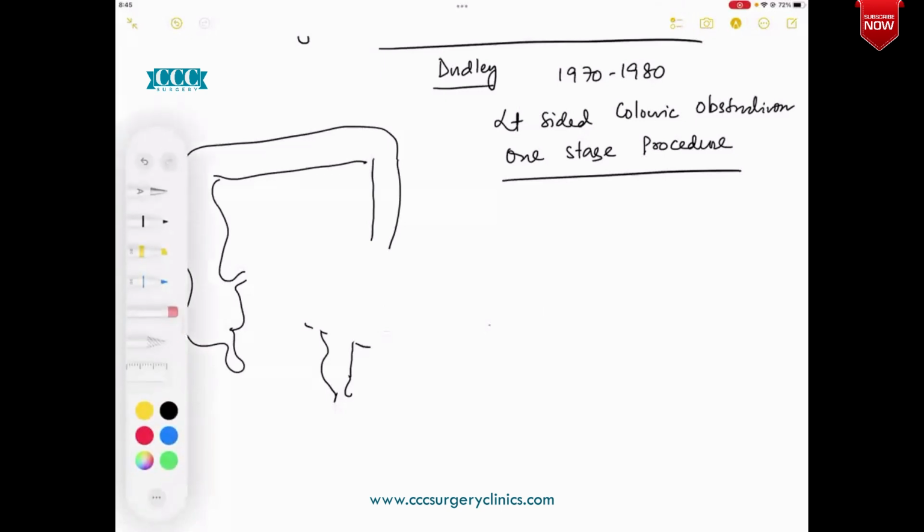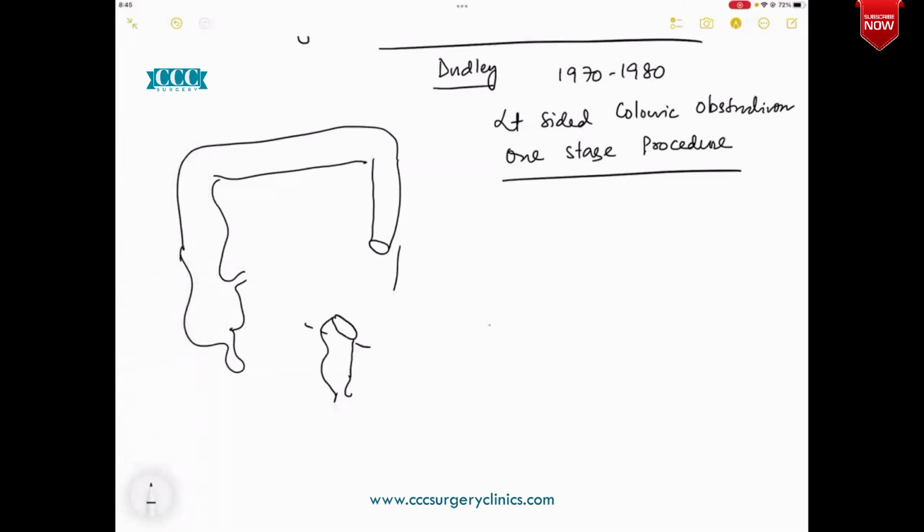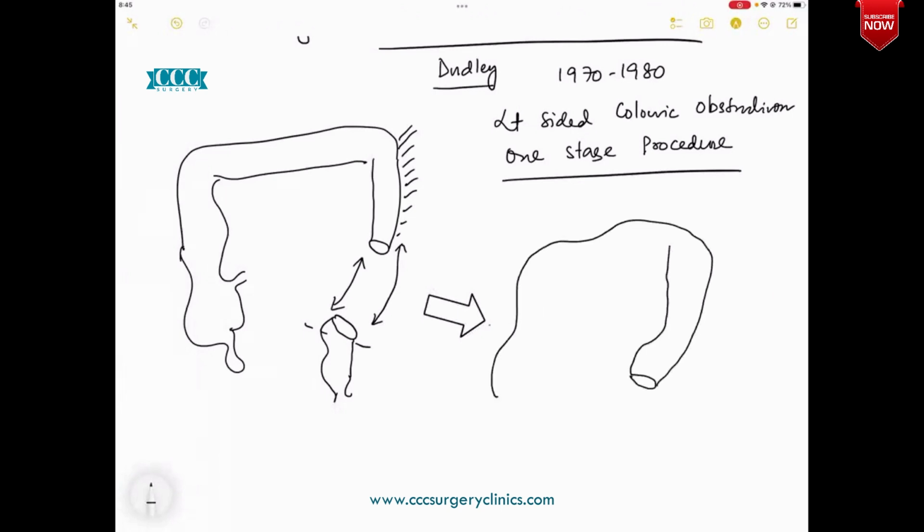Okay, so we have understood that. Now the main question is that this is one end and this is another end, and you want to anastomose these two ends. You have mobilized the descending colon, so you are now ready to do an anastomosis. And then you have one point of concern that is very obvious.